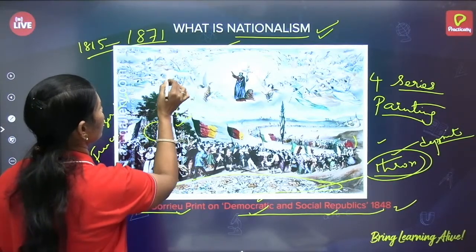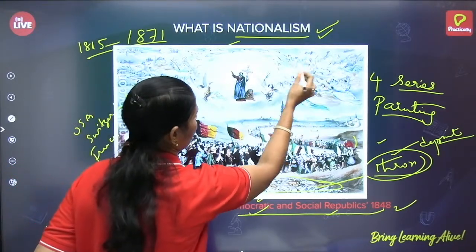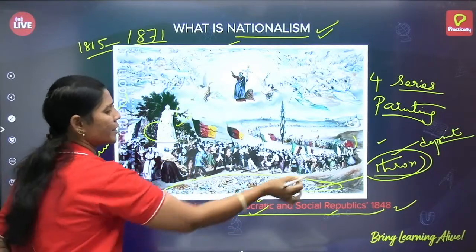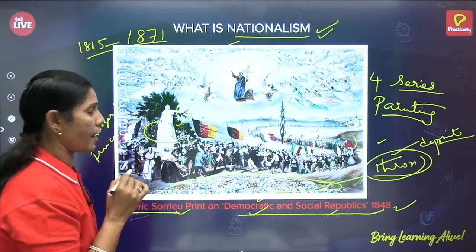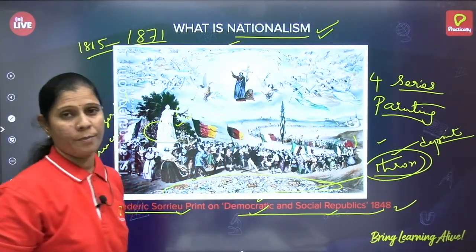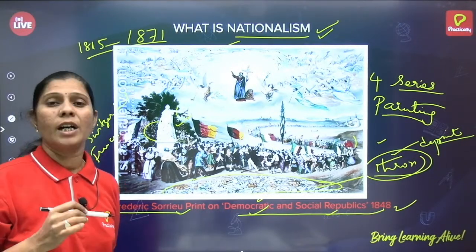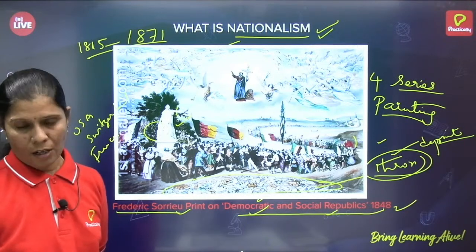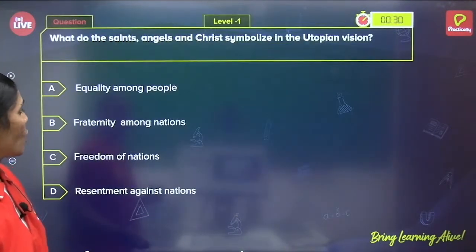You can find the saints, Christ and different angels viewing this image from the sky. So what does this symbolize? The Ethiopian vision, a new form of vision, a new form of government. The question was based on that.